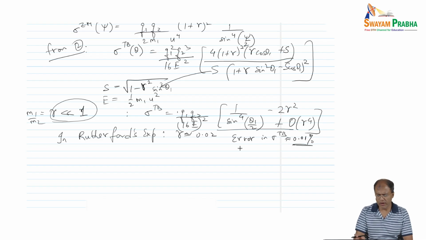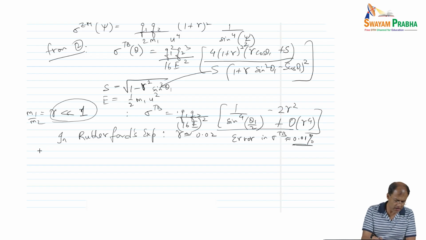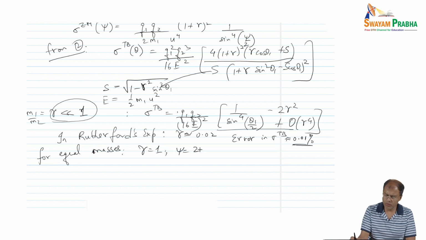Then we can also look at the simplest case, when the bodies have equal masses, right? So, for equal masses, we have gamma is 1 and psi is 2 theta 1, and we see that d psi d theta 1 is coming out to be 2.